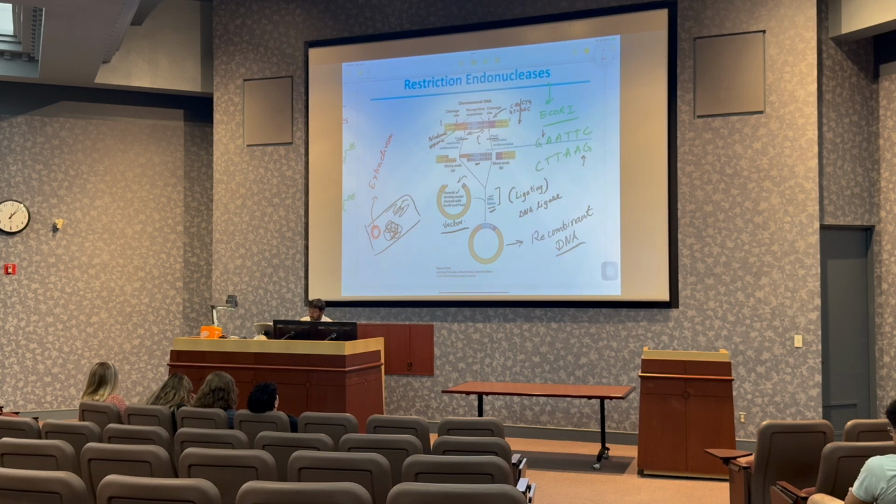I already said that: extra chromosomal double stranded circular DNA are called plasmids.